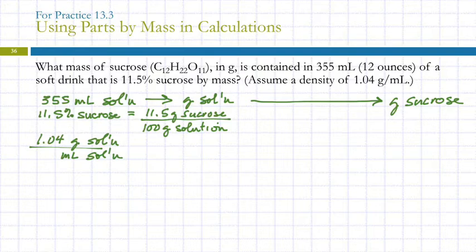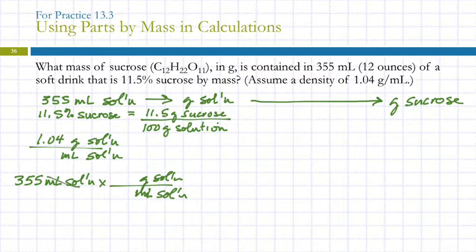So now that I have my path, I'm just going to follow the path. I've got 355 milliliters of solution, and I'm going to change that into grams of solution, dividing by milliliters, so the units cancel out. It's 1.04 grams of solution per milliliter.